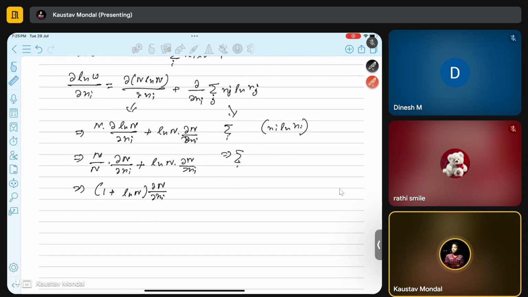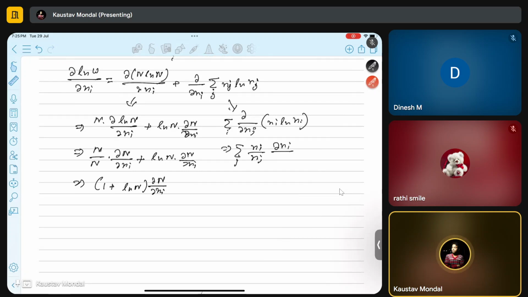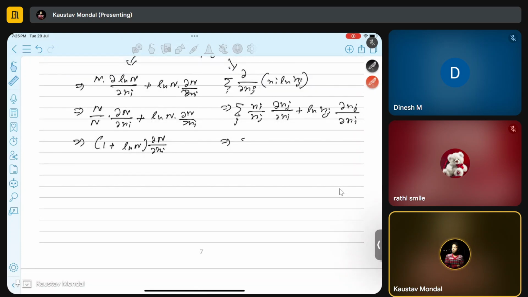Okay, so delta ni and delta nj. Now the derivative of delta ni by delta nj of ni plus ln nj, with respect to nj and ni, gives you the summation over j of 1 plus ln nj into delta nj by delta ni.